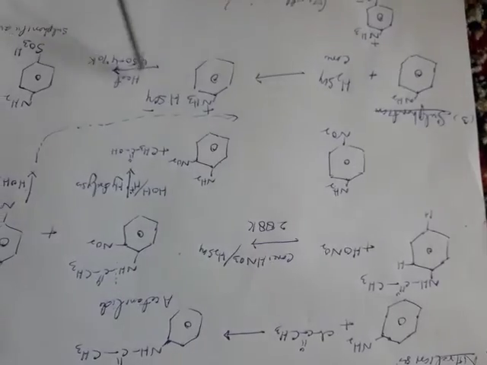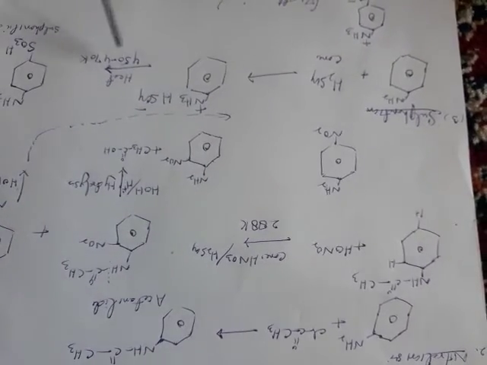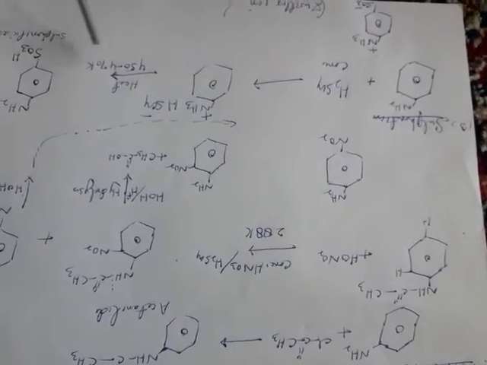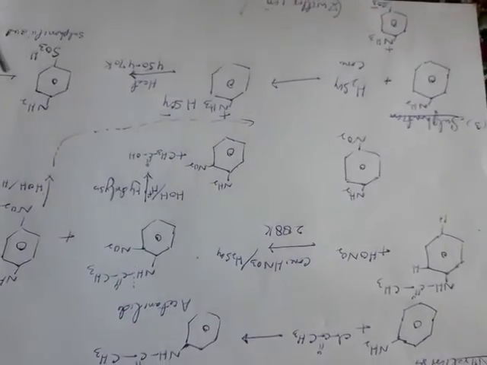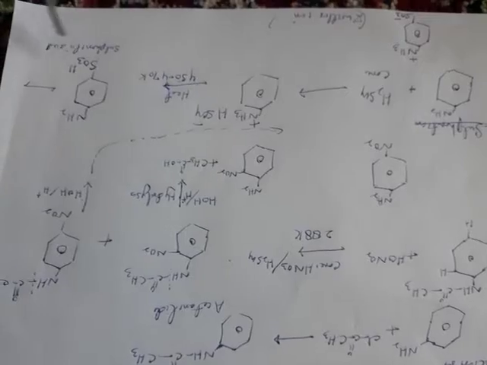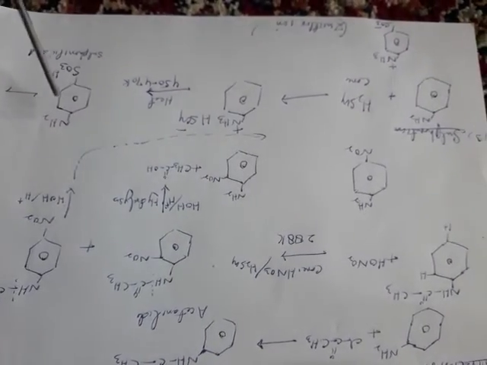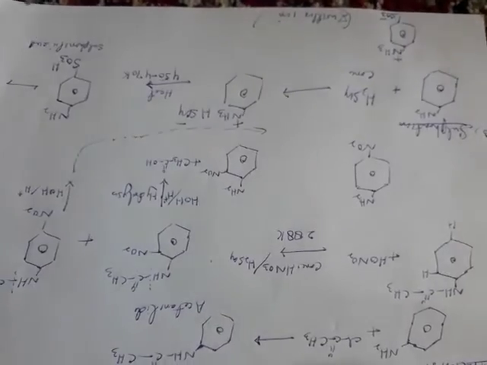Upon heating at a temperature of 450 to 470 Kelvin, it loses a molecule of water and rearranges itself to give sulfanilic acid, or para-amino benzene sulfonic acid.